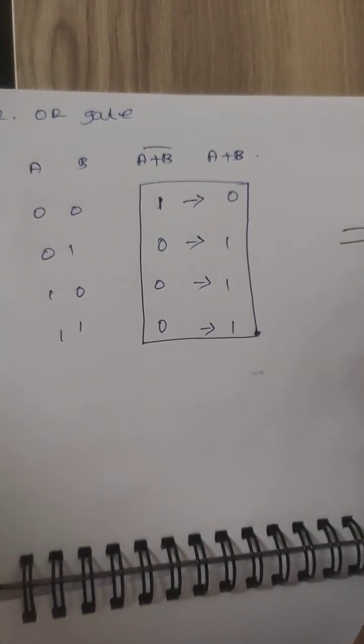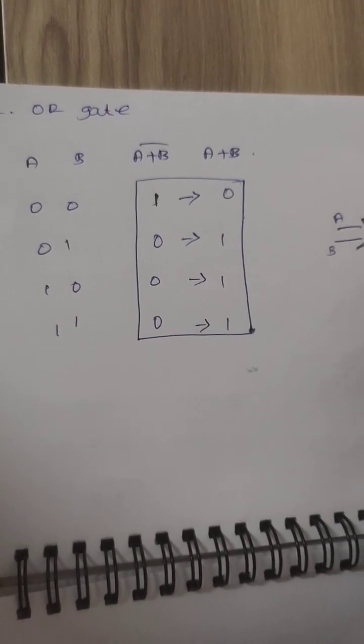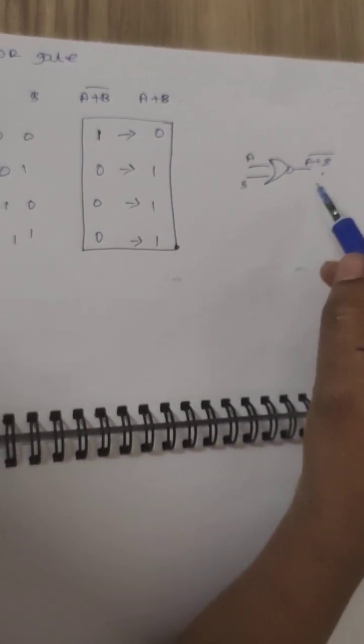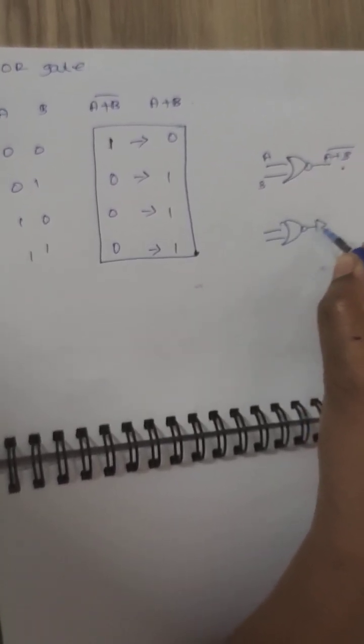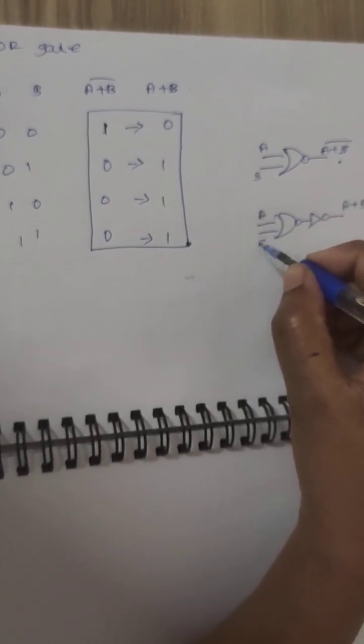So what we have now in our library is only the NOR gate. If we just invert the output of the NOR gate, we will get the OR gate.